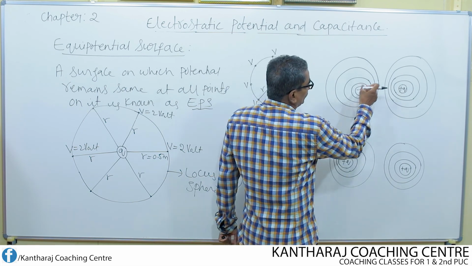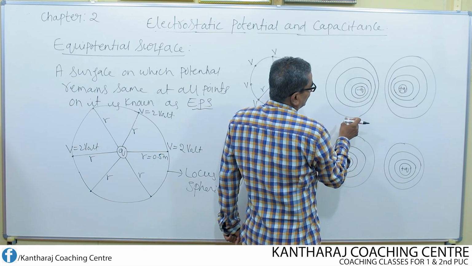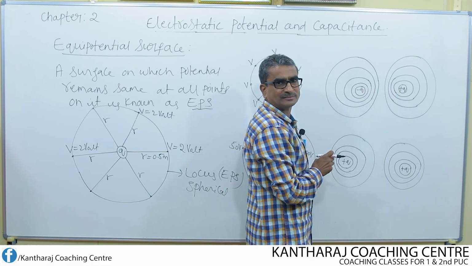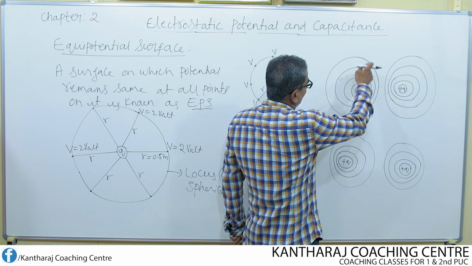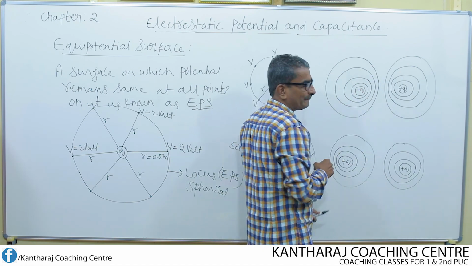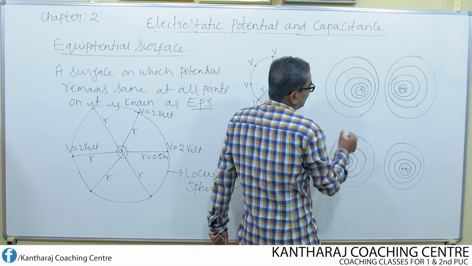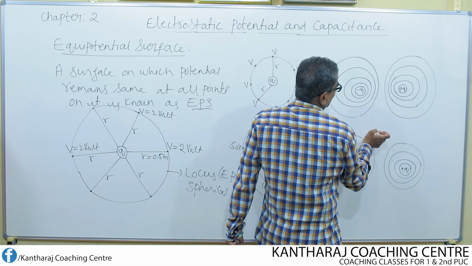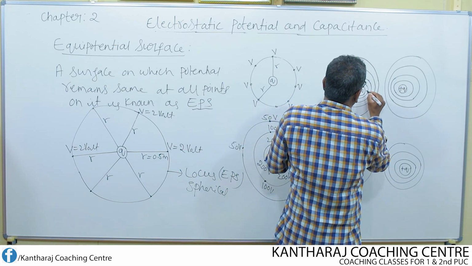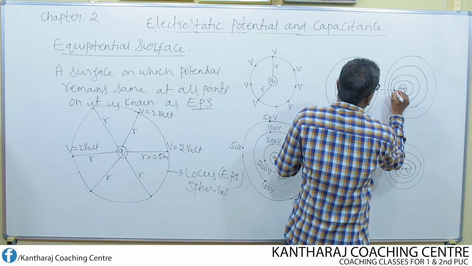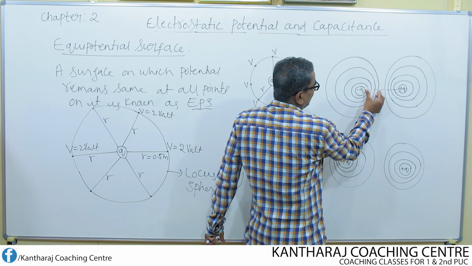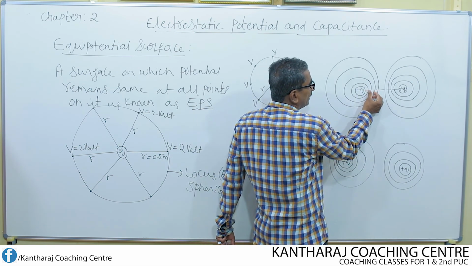So, you can notice here the equipotential surfaces due to unlike charges are once again written in the form of concentric circles, but in the space between the two charges, the equipotential surfaces are closely packed.